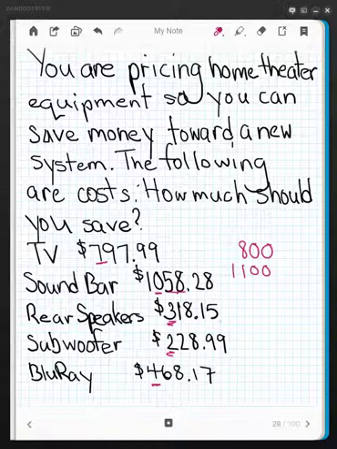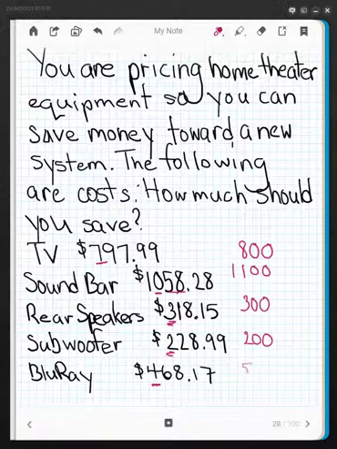All right, so $318.15, $300, right? $228.99, $200, right? And then $468.17, so $500.